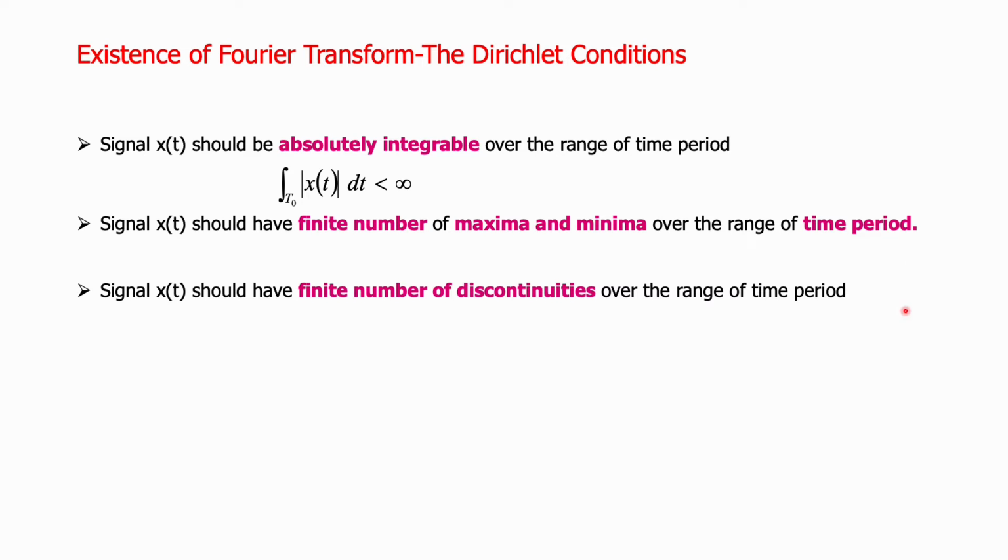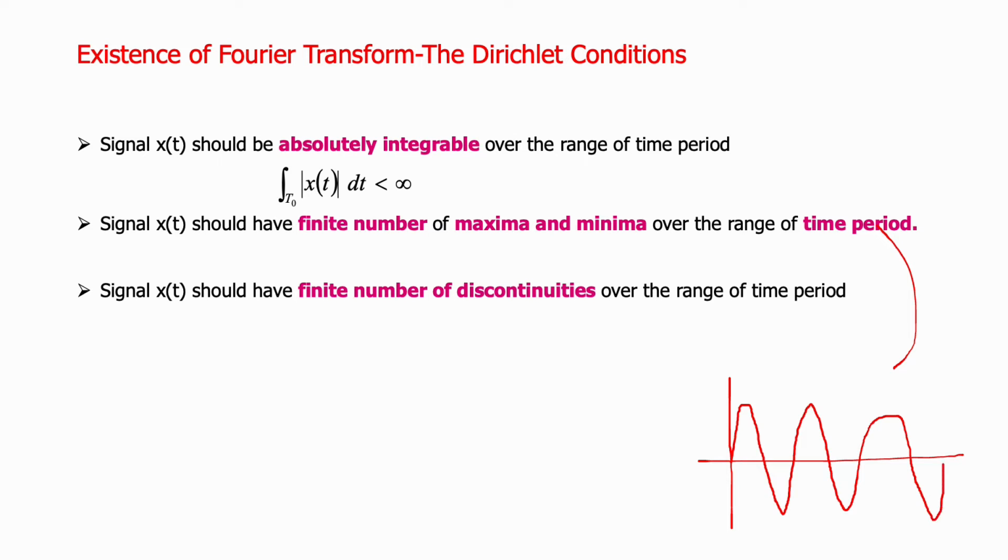For example, if you draw a signal, it has a period of time, so this is maximum, this is minimum. It has a finite number of maxima and minima over the time period. From here to here is the time period.